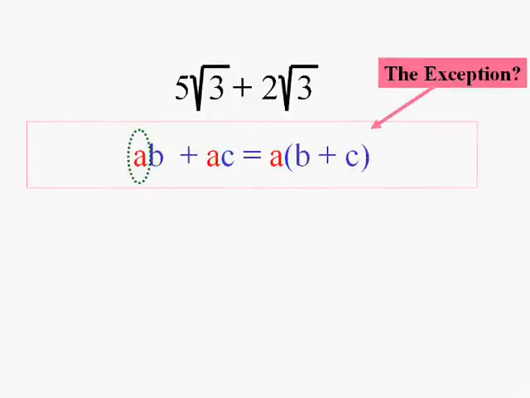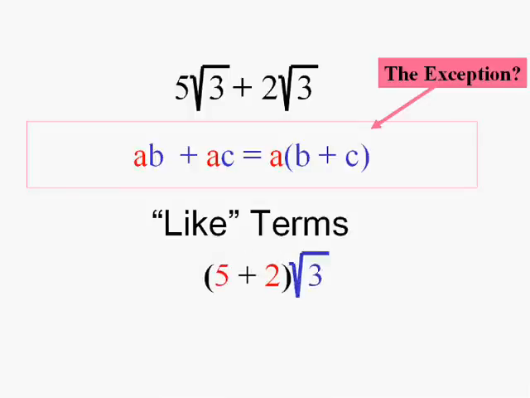Recall, with the distributive property, if we had a similar multiplier, such as, in this case, the square root of 3, we could factor that out and be left with only numbers. Then we had like terms and we could combine them. In this case, we'd combine the 5 and the 2 and we'd have 7 radical 3 because they were similar.